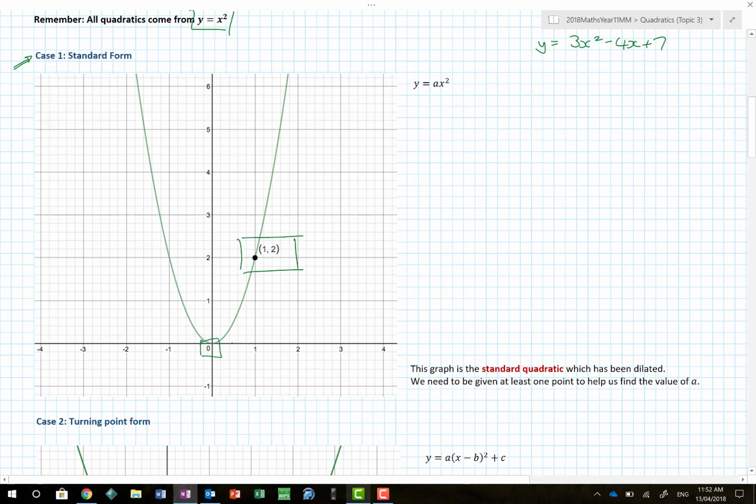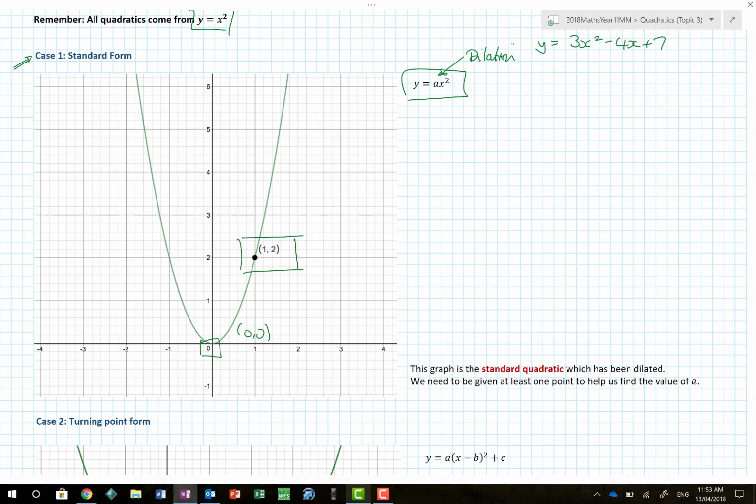Now, generally speaking, giving me the origin, the point (0, 0), doesn't help anything at all. But where we have the standard form, we can say, well, we know in that situation, because it's going through the point (0, 0), the equation must have the general form y equals ax squared. What is the value of a? If you remember, it is a dilation, because we're not suggesting that this is the graph of y equals x squared.